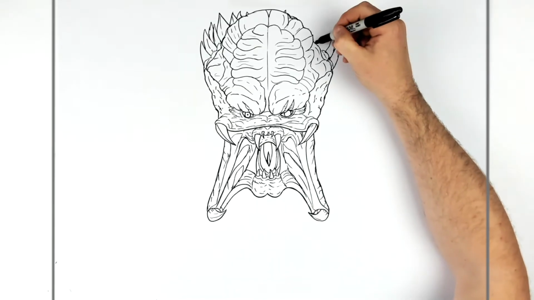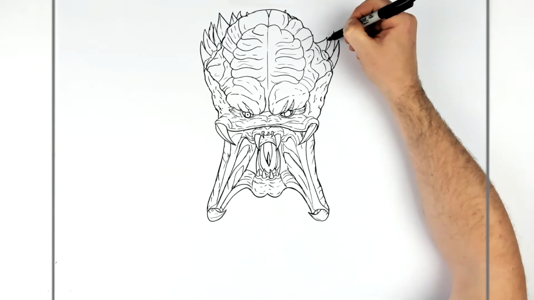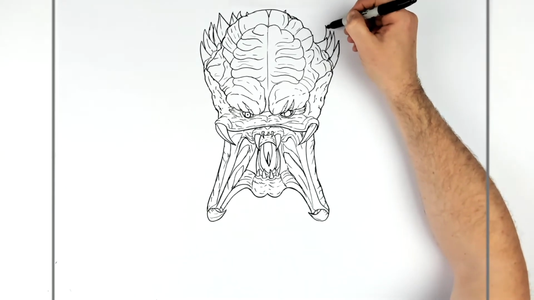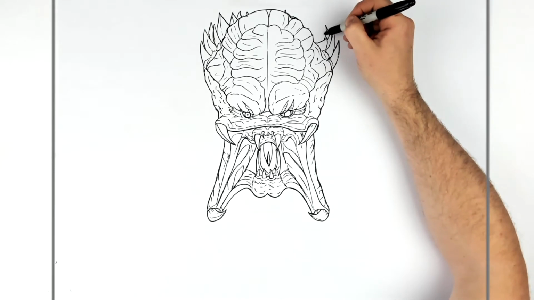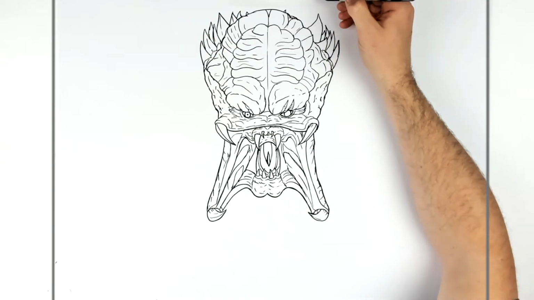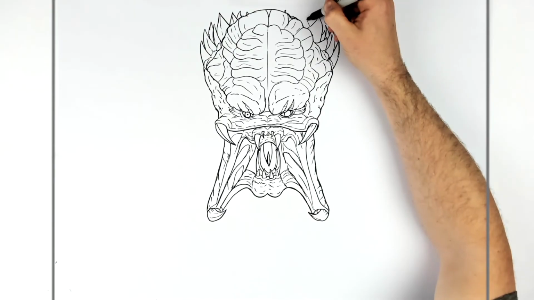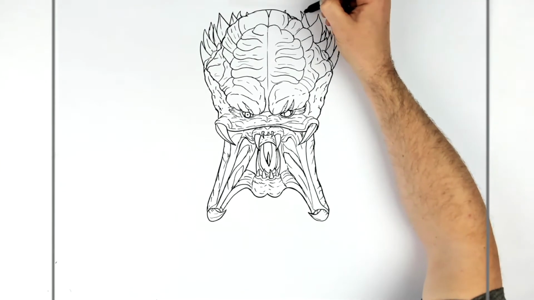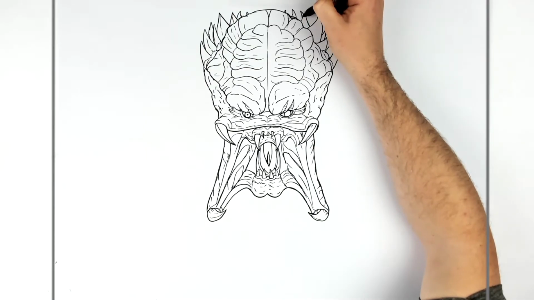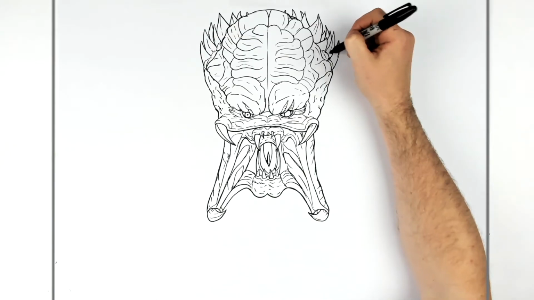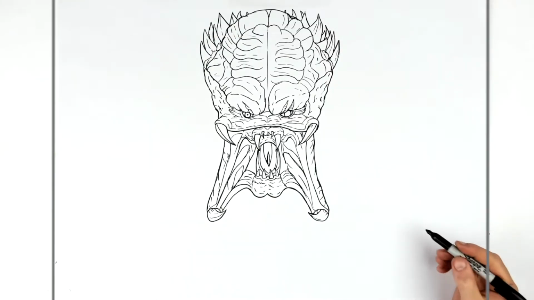And another one here, behind. They don't seem to be the exact same on both sides, so that kind of makes it easier for us. Okay, and then if you want textures, like so.